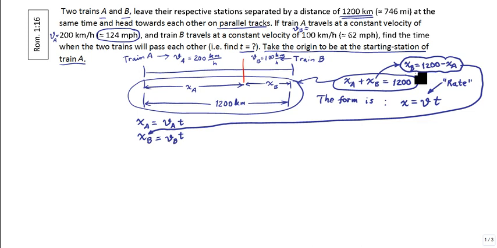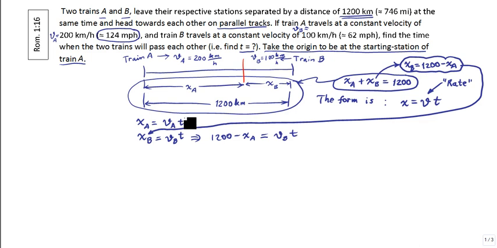But if I write x sub B in terms of x sub A, I've eliminated one of those 5. Okay, so I've got, therefore, 1200 minus x sub A is equal to v sub B times t. But we know what x sub A is.